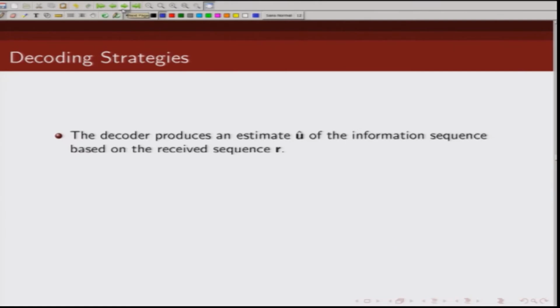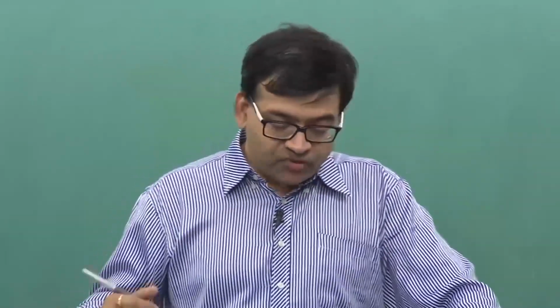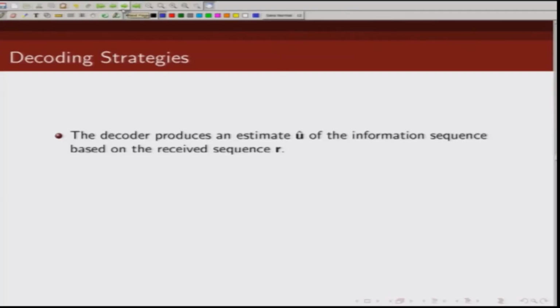Now, let us move to the topic of what sort of decoding strategy we should employ when we want to decode a code. As I said, the decoder's objective is to take as input the demodulated signal R, and produce an estimate of the information sequence U hat, right.